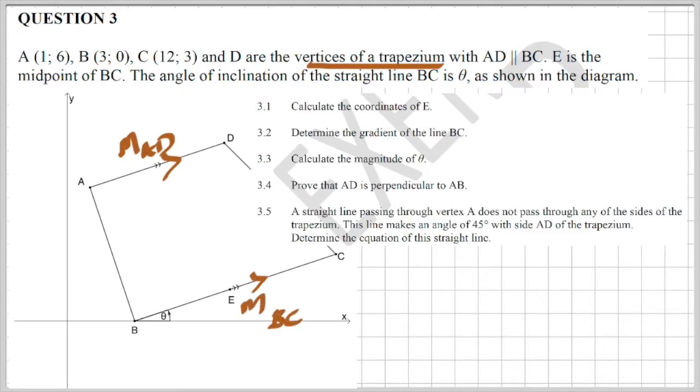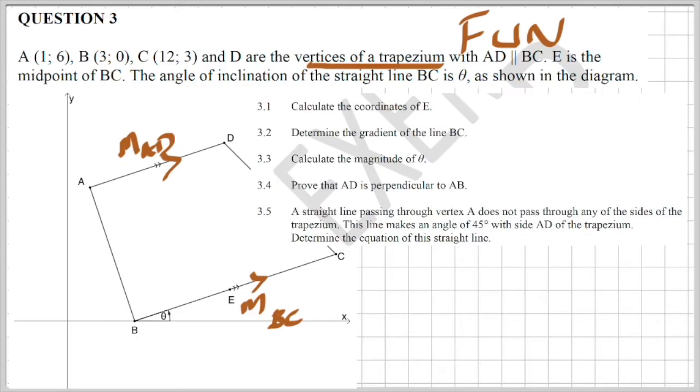So those two gradients are the same. If I could get one of their gradients, they're going to be the same. There are many other interesting things I can use because it is a trapezium. I could go with alternate angles, or anything in the F, the U, or the N. But I'm not going to dive into that much in this sum.